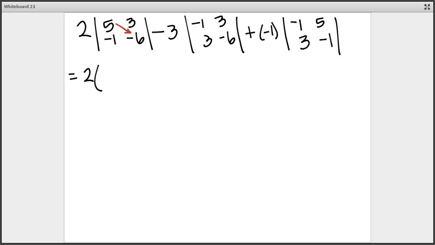5 times -6 gave you -30, and then you subtract from it, multiplying down the opposite diagonal, which would give you a -3.